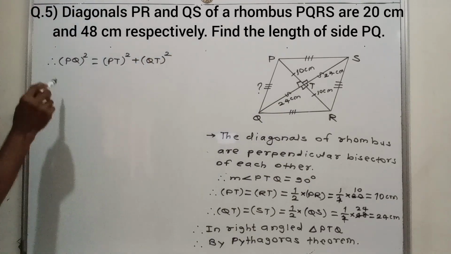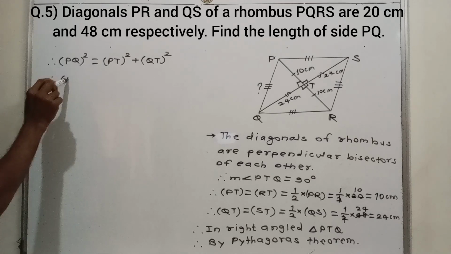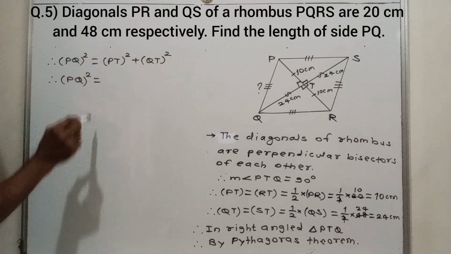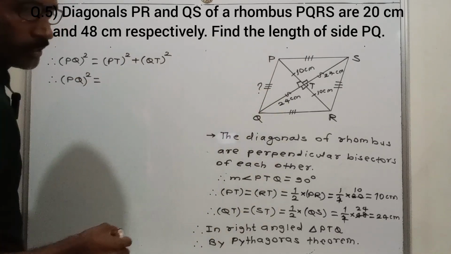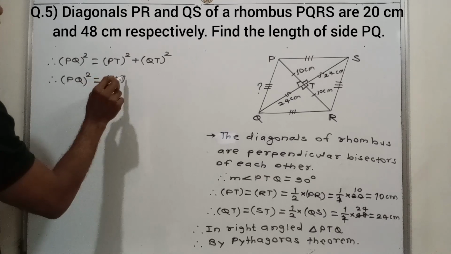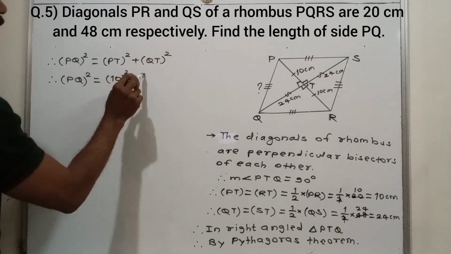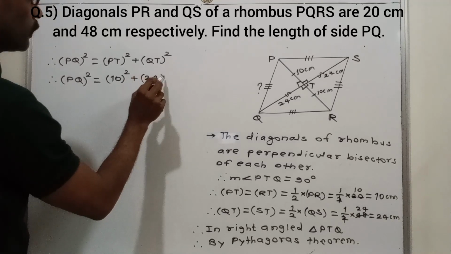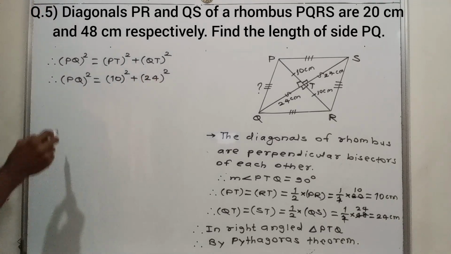Did you get it? Therefore, we keep PQ square as it is because we want to find it. Then PT 10 centimeter square plus QT 24 square.